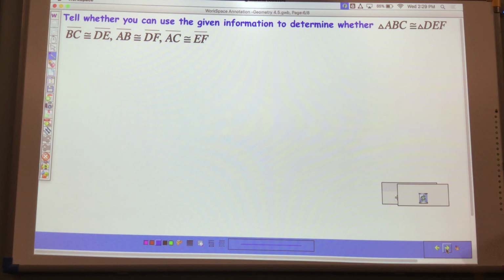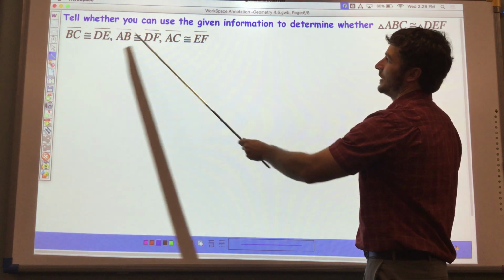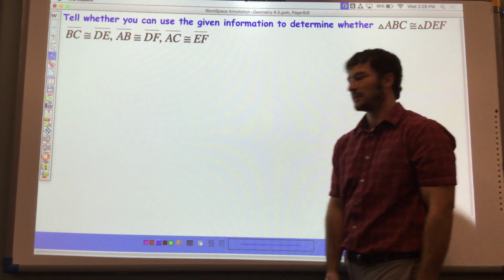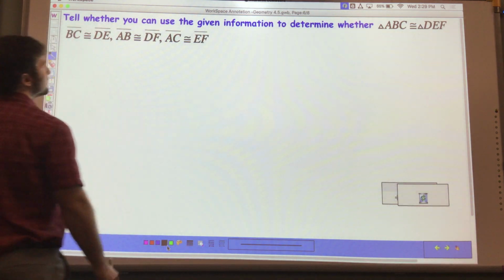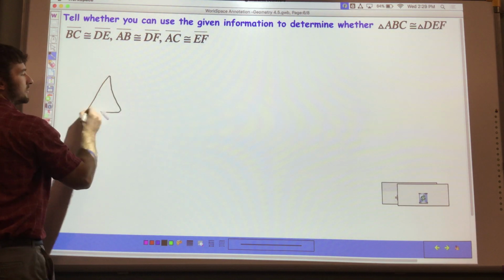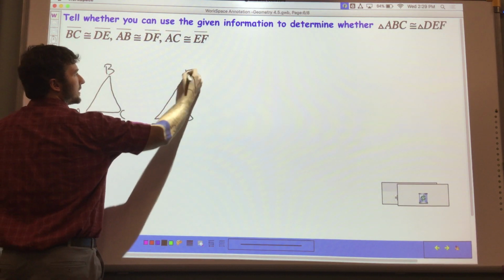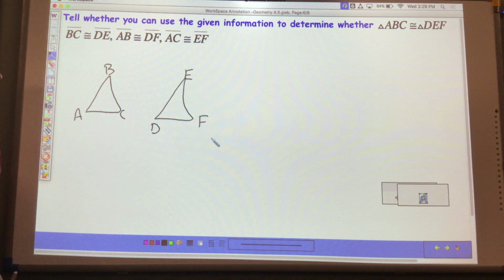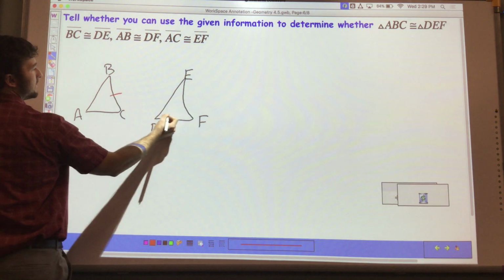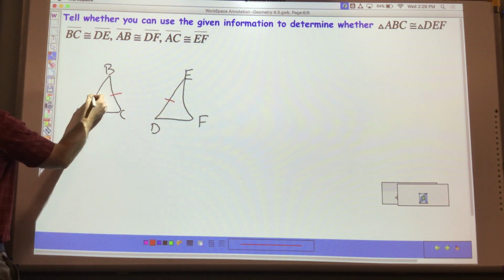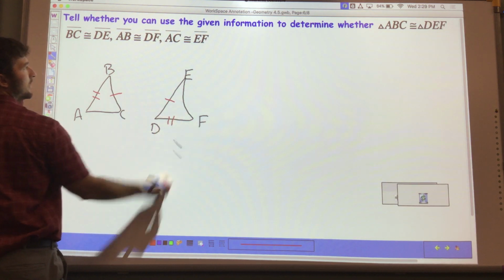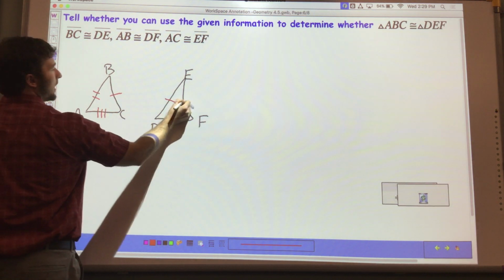So tell whether you can use the given information to determine whether triangle ABC is congruent to triangle DEF. Well, you might look at these and say, oh, well, I have side, side, side. Which you might be right, but if you check it out, and you have A, B, C, D, E, F. Well, we can say BC and DE, AB and DF, AC and EF.